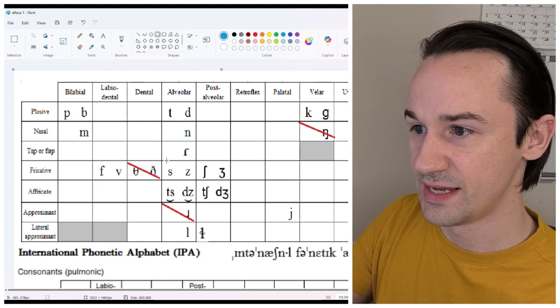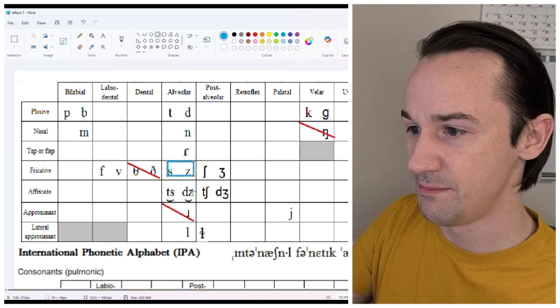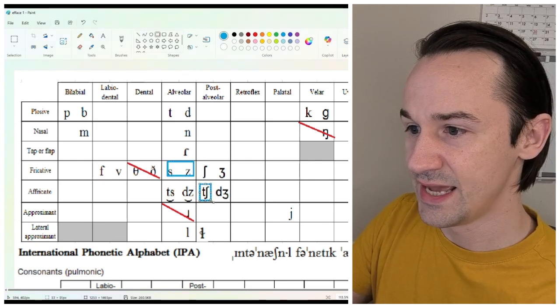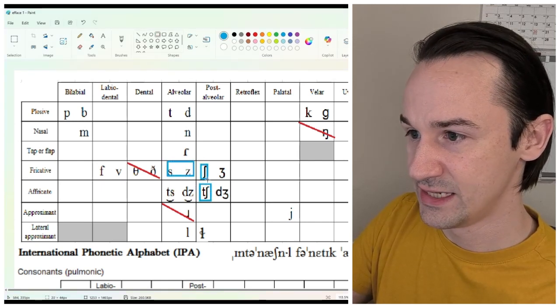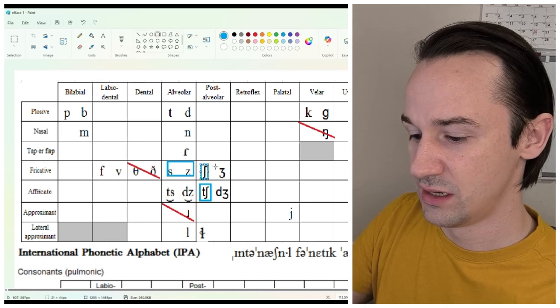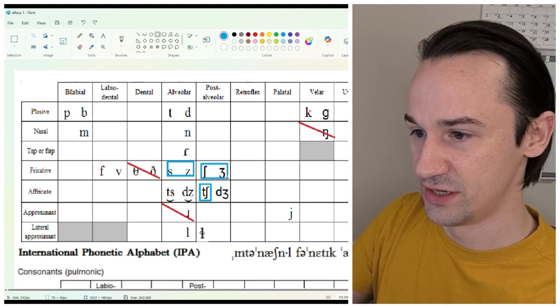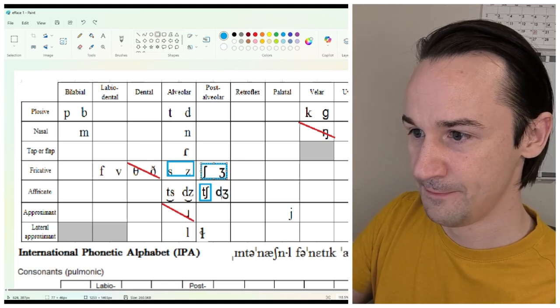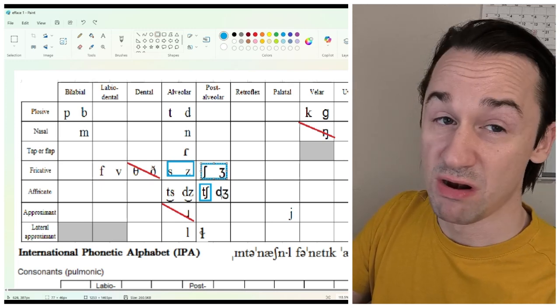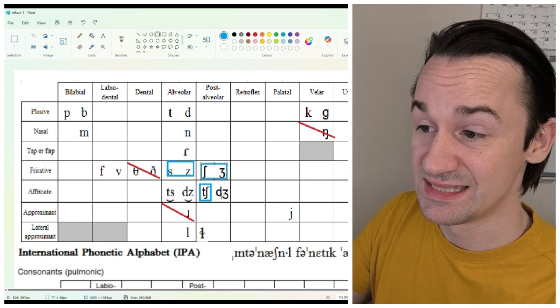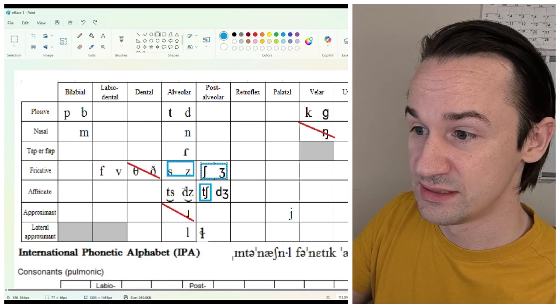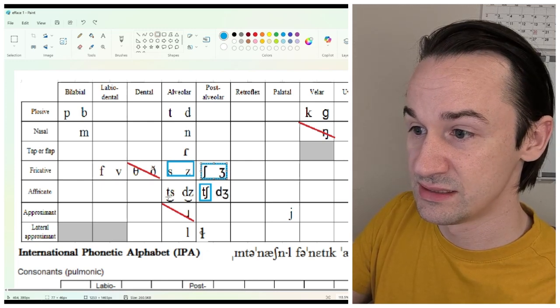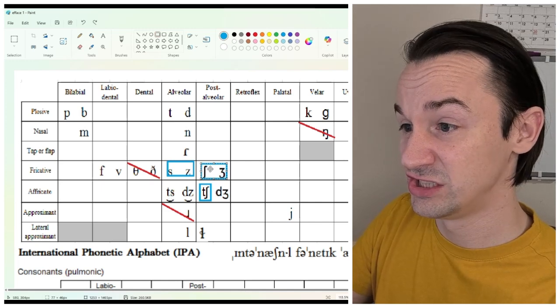I don't have to worry about S and Z. I don't have to worry about CH, SH. This is the zh sound. Good. So it's these three right here that I don't have. And part of me just wants to drop them.